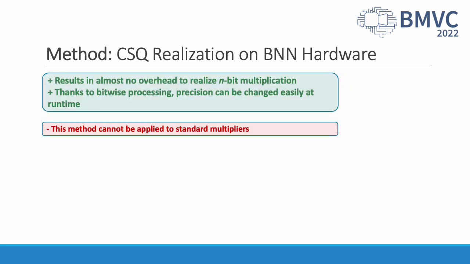This method results in almost no overhead, and because of the bit processing nature of the BNN hardware, we don't need to change the hardware to increase or decrease the precision. The disadvantage, however, is of course that this method cannot be applied to standard multipliers.